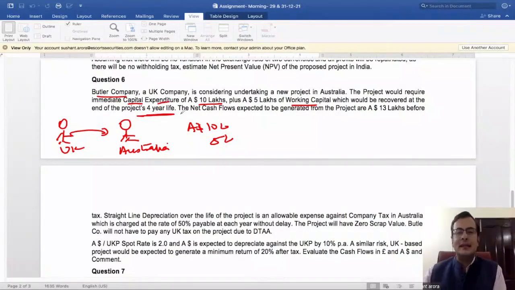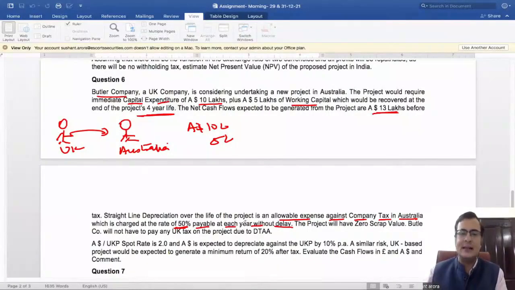The net cash flows expected to be generated from the project are 13 lakhs before tax, and straight line depreciation over the project is an allowable expense against the company's tax in Australia, which is charged at the rate of 50% payable at the end of the year without delay.